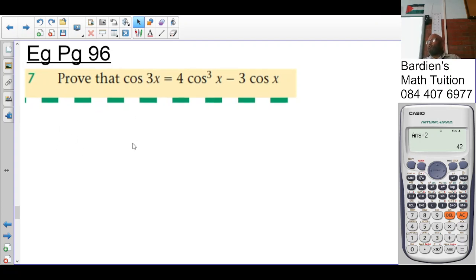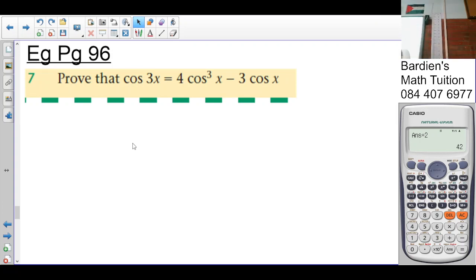If you can do it, no problem, we can mark it. But to expand cos 3x into 4 cos cube x minus 3 cos x is going to be much easier than reducing the left hand side to the right hand side. Does it make sense?